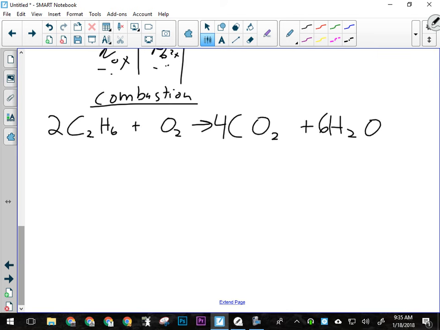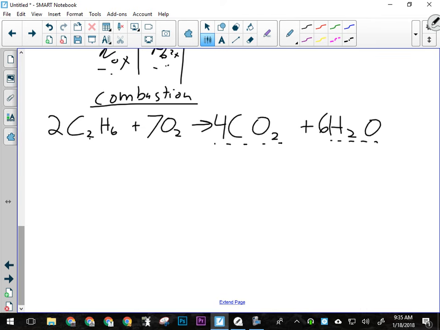And now I'm going to balance oxygen because it's last alphabetically. There are 6 oxygens here in the water. There are 8 more here. That's 14. What times 2 would give me 14? If I have an even number of carbons, I start my balancing with a 2. If you have an odd number, you can go with a 1. All right, so combustion.